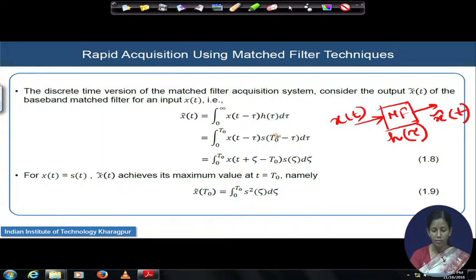And if I now do the further substitution of τ0, t0 − τ, this is equal to ξ, we will be ending up with equation 1.8.